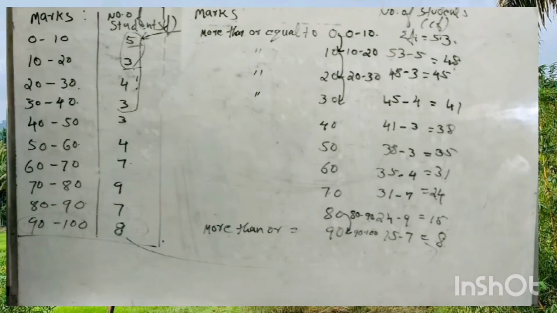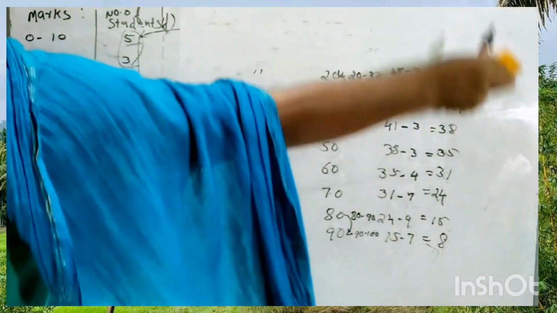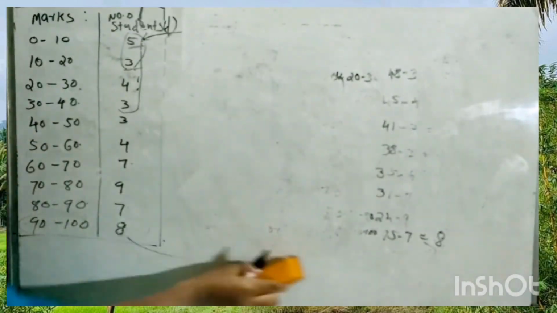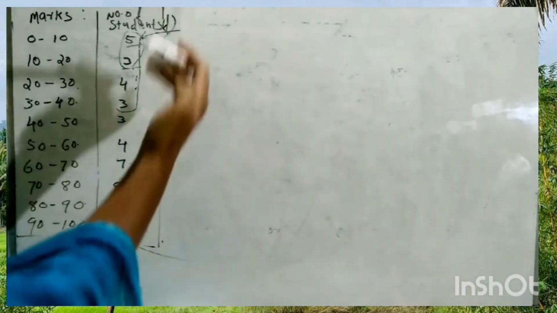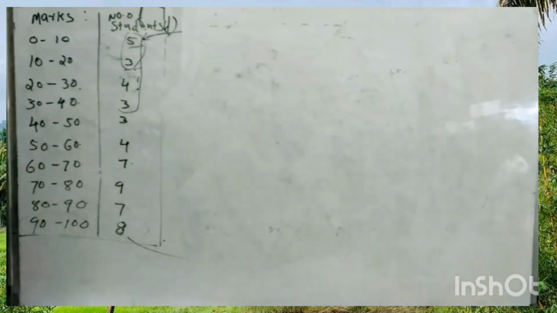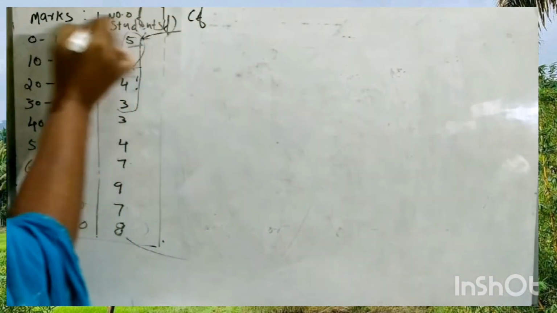Now, if you want to find the median, as I said, we use the less than table, and we have one formula. In the less than table, the next column is cumulative frequency, CF.